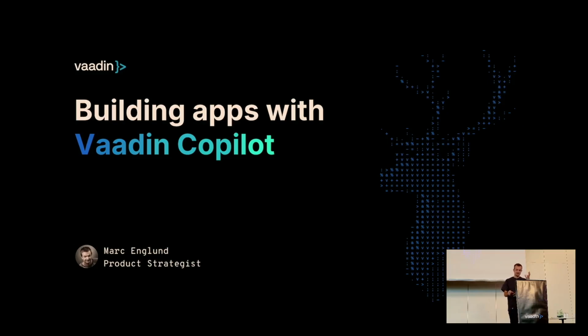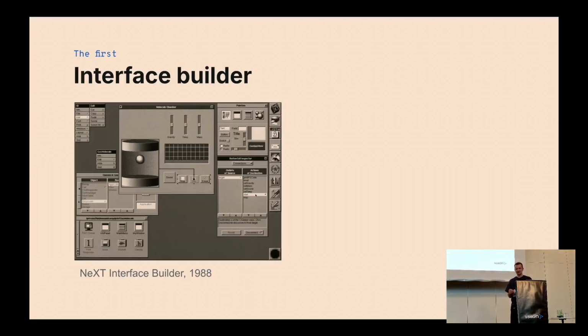Jonas spoiled this a little bit, but ever since the graphical user interface was invented, we have been trying to build better tools to create these user interfaces. The reason is that it's a different medium. We're coding in code, in text, and then we have this visual representation.